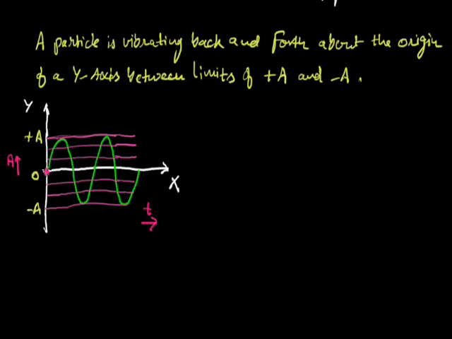So in a complete cycle of its motion, starting from O and reaching O again, it takes two displacements, each in positive and negative y-axis direction.